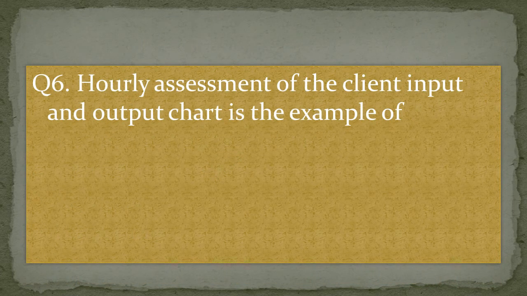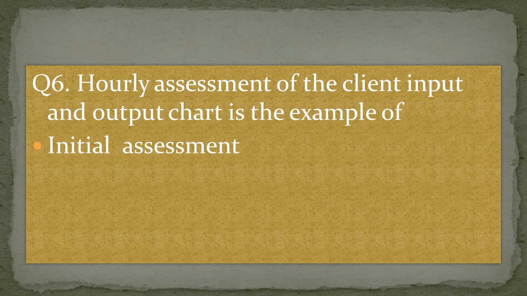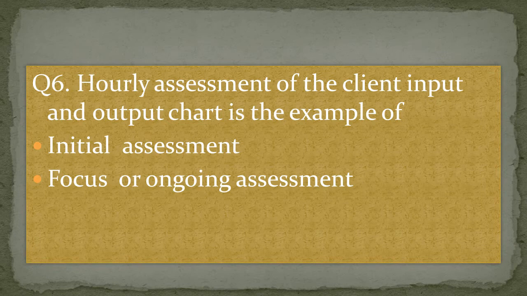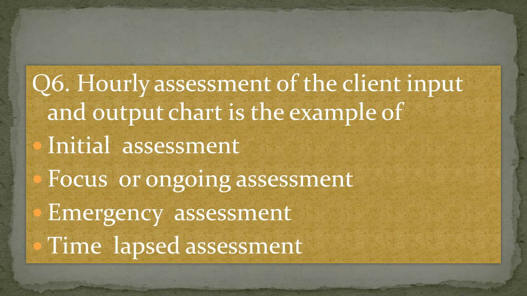Question number 6. Early assessment of the client input and output chart is the example of. Option A is initial assessment, option B is focus or ongoing assessment, option C is emergency assessment, and option D is time-lapsed assessment.